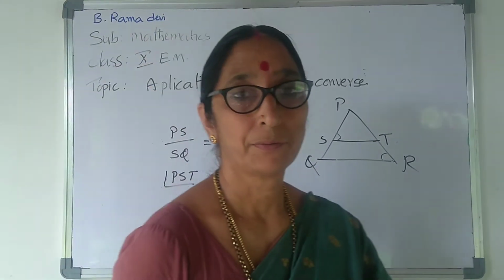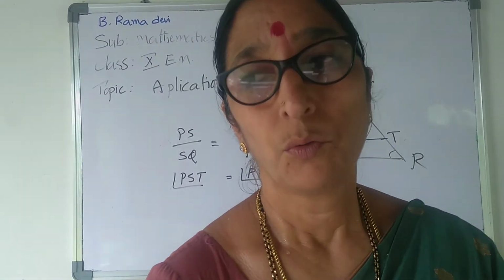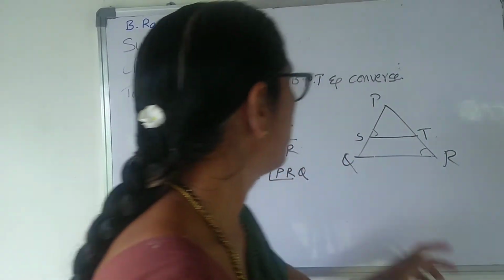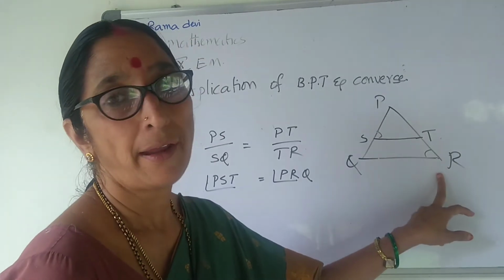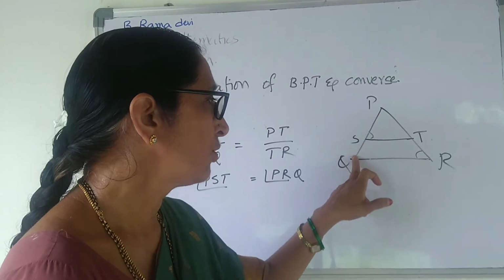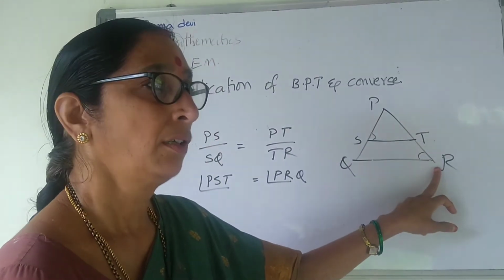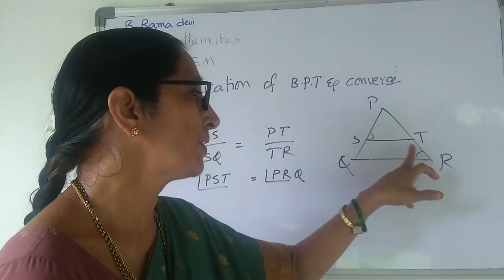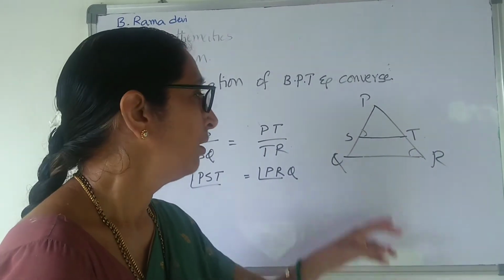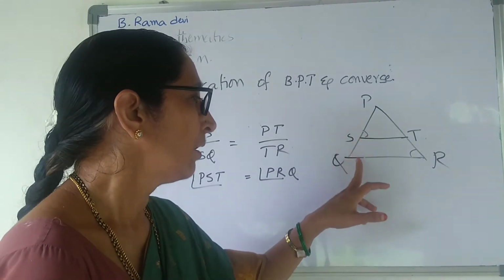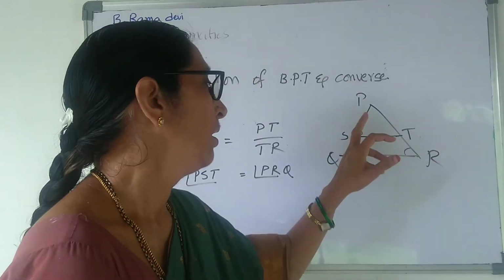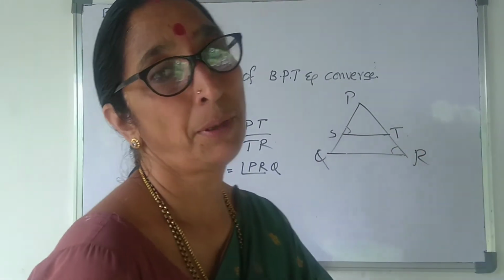How can we proceed? We take the data and we have to prove that PQR is an isosceles triangle. It means side PQ is equal to PR, which means angle Q is equal to angle R. We have to prove either angle Q is equal to angle R or side PQ is equal to PR.